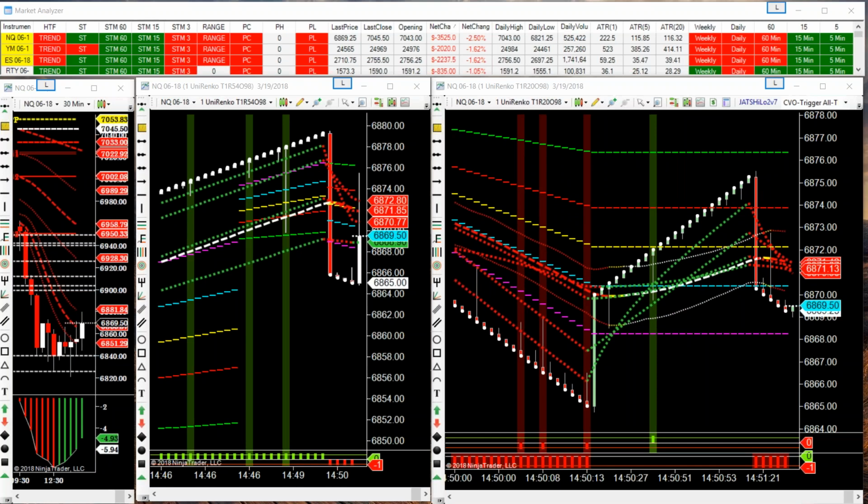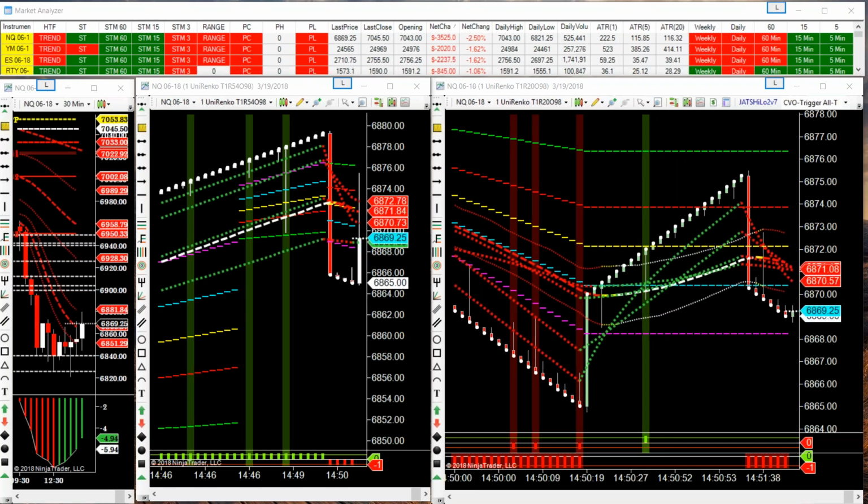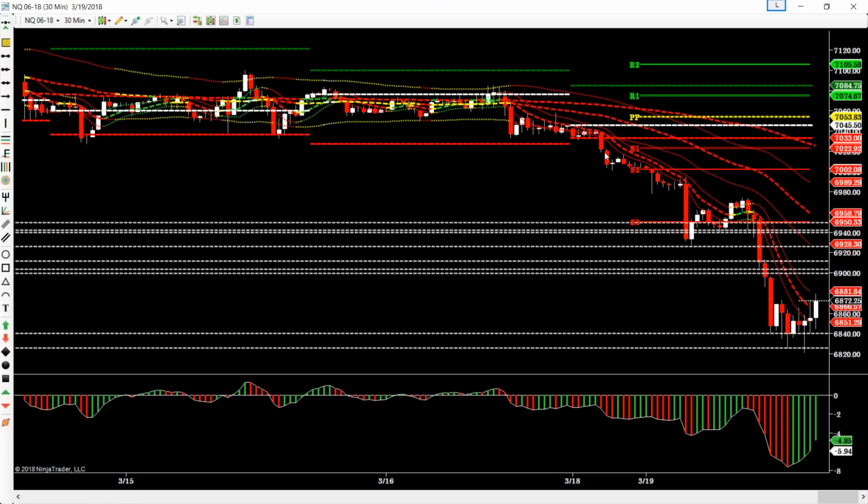I have a big day today. Of course, the Dow dropped almost 500 points today, 470-something points. The Nasdaq was the big market that moved down. Here's that downward move.